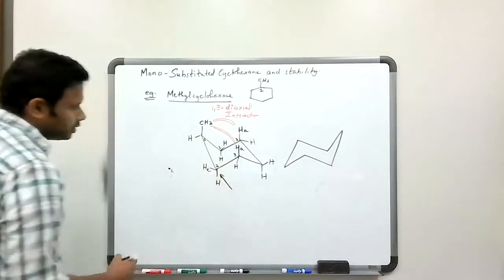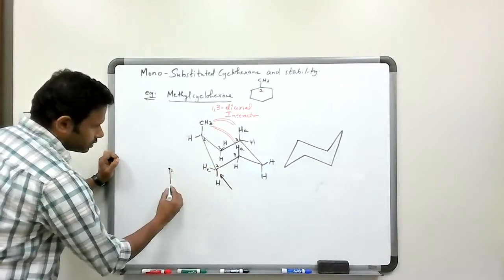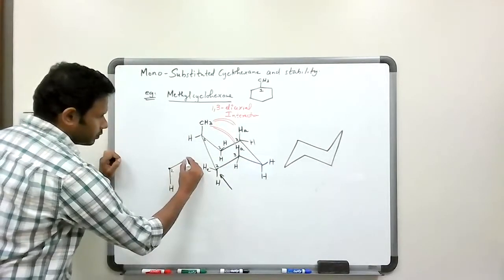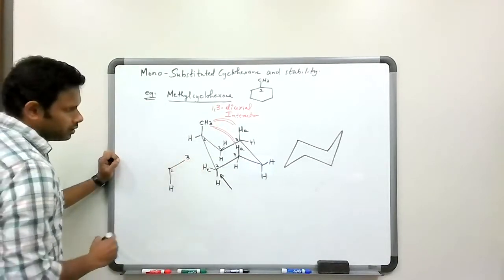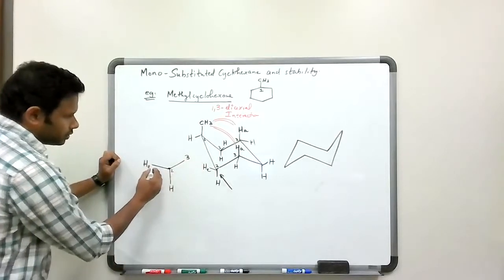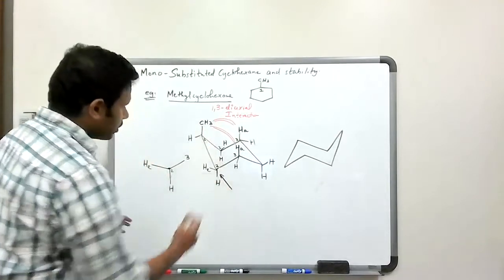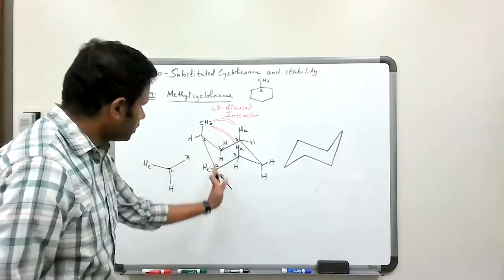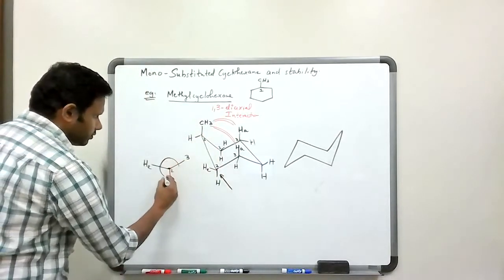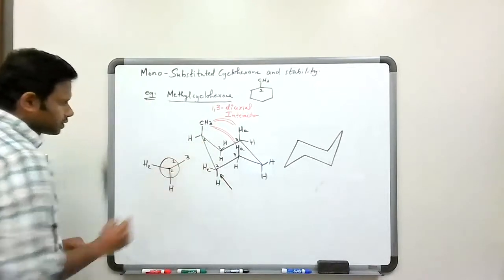When I look at it in Newman projection, I see that there is a hydrogen going down. Carbon 3 is going to my right, so that's where 3 is. That's a carbon. The equatorial hydrogen is going to the left. That is what I see when I look up this bond, from down here up that bond. And then the back carbon, which is carbon number 1, this circle represents carbon number 1.